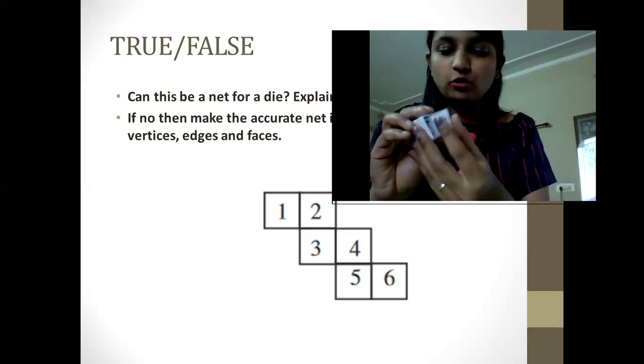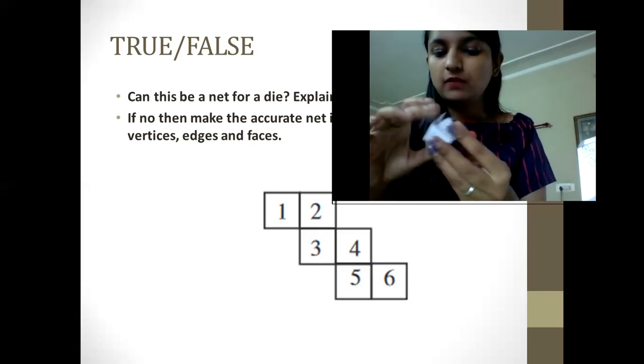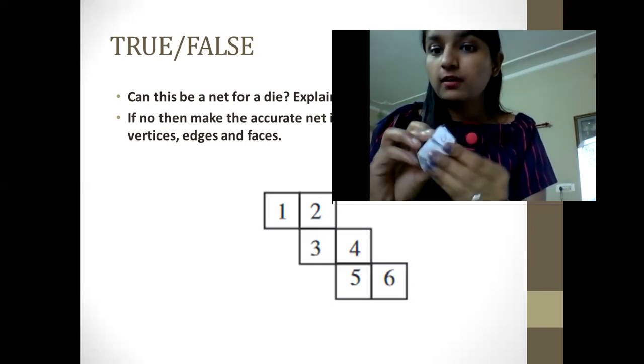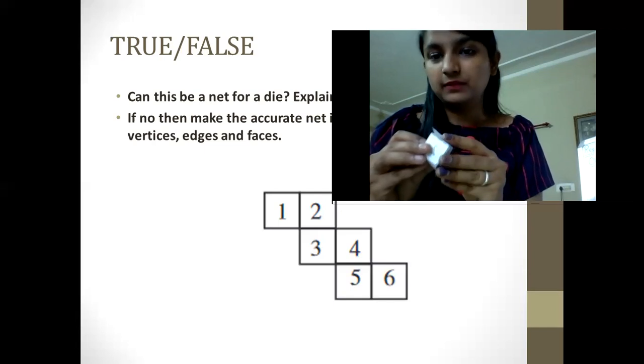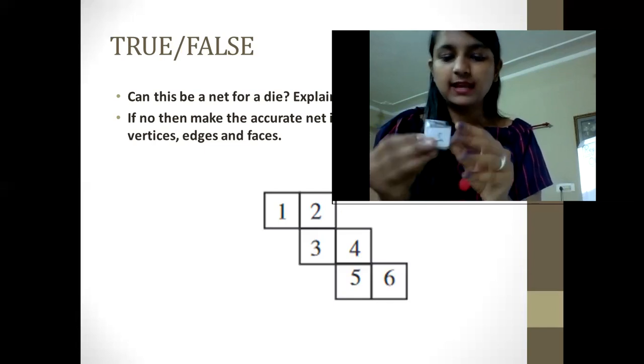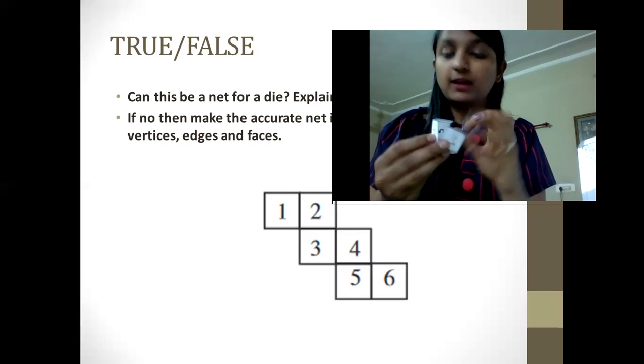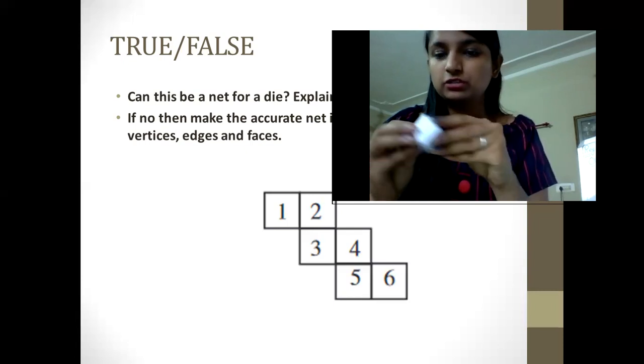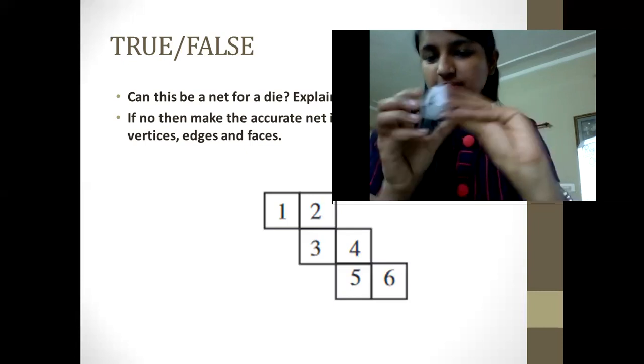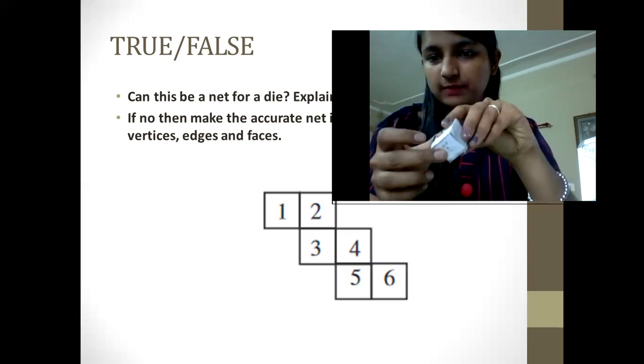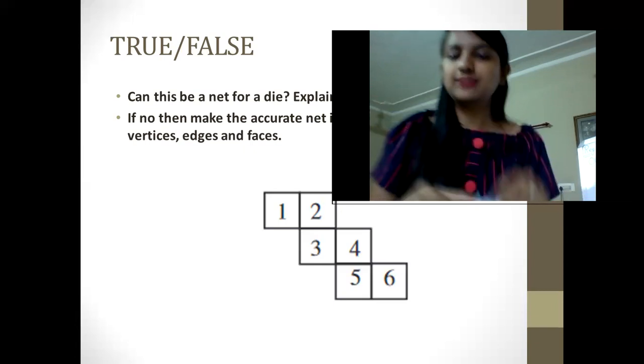So there is no place which is empty, which has not been covered, or which has overlapped with each other. So I would say that it is making a complete dice. There is no space we can see that is empty or overlapping. So it is an accurate one.